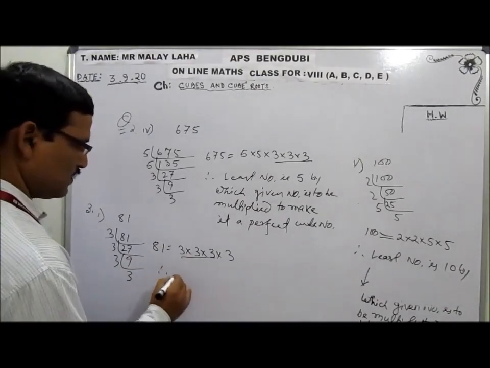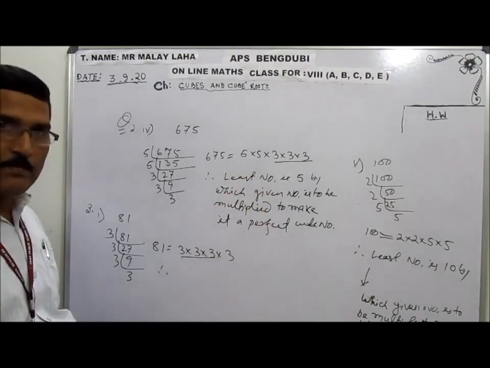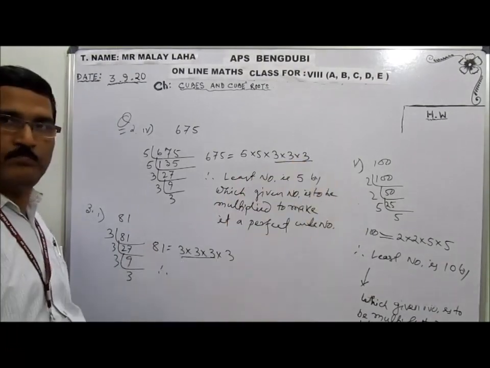So whatever the ungrouped or unpaired numbers are there, it may be one number, it may be two numbers, you have to remove them.